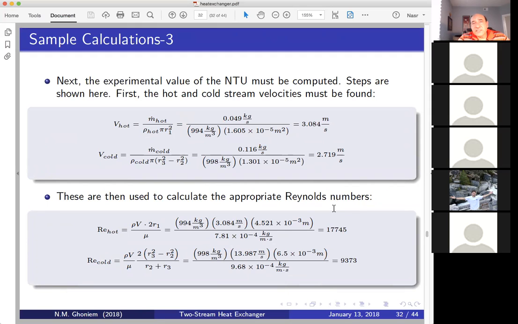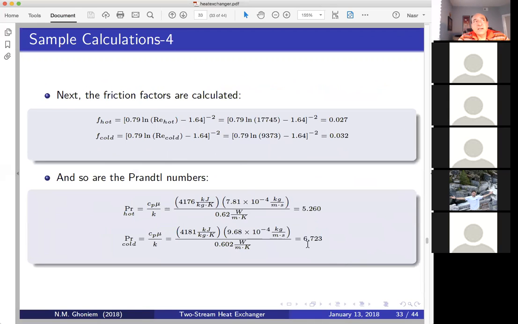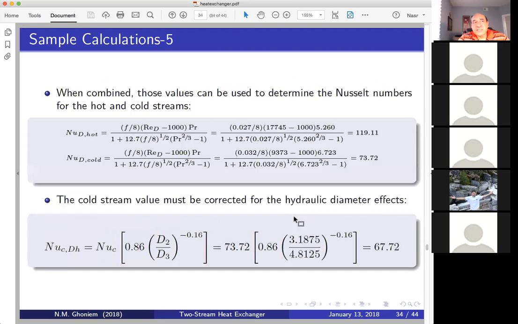The longest calculation is finding capital U. So you're going to start with V cold, V hot from the mass flow rates. You're going to find the Reynolds numbers. We are in the thousands, 17,000, 9,000. You're going to find the friction coefficients, which are a couple percent. You're going to find the Prandtl numbers at 5 or 6 in that order. You're going to find the Nusselt numbers.